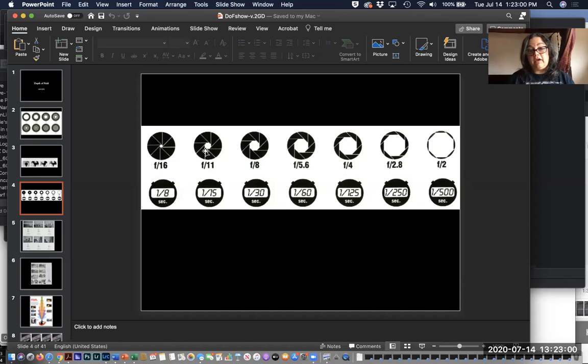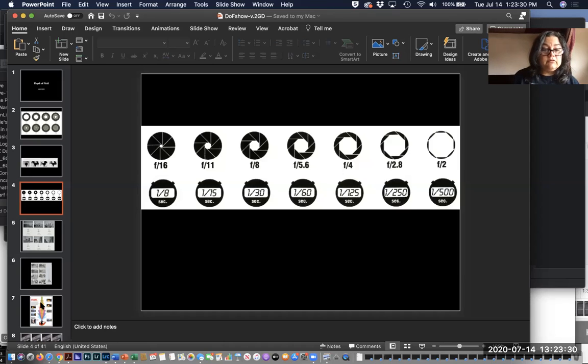And as the size of the aperture increases, and we let more light in to the camera through the aperture, the shutter speed will increase, so less light would be allowed in through the shutter. So the larger the aperture, the faster the shutter speed, and the smaller the aperture, the slower the shutter speed.